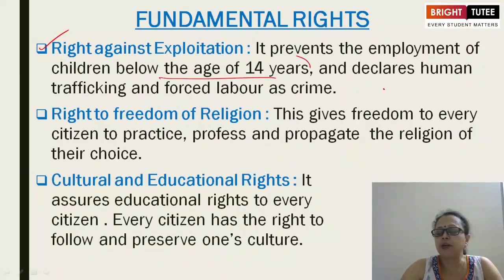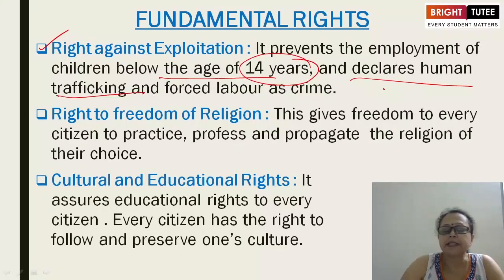No child can be employed. And it declares human trafficking, sale and purchase of human beings, whether a child, a woman, or a girl, prohibited. Forced labor is also considered a crime.